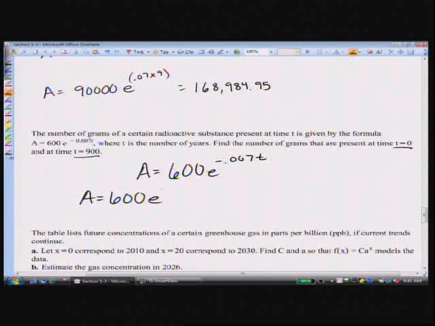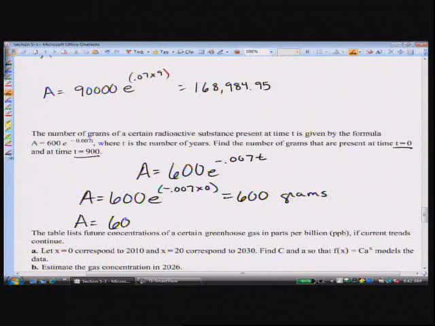I'm going to do the easy one, which is putting 0 in for t. This is going to be e raised to the negative 0.007 times 0. That's just 0. Anything to the 0 power is just 1. So this is just going to be 600 grams, the initial amount that's present. And then after 900 years, I'll let Chilton tell me how much it is.